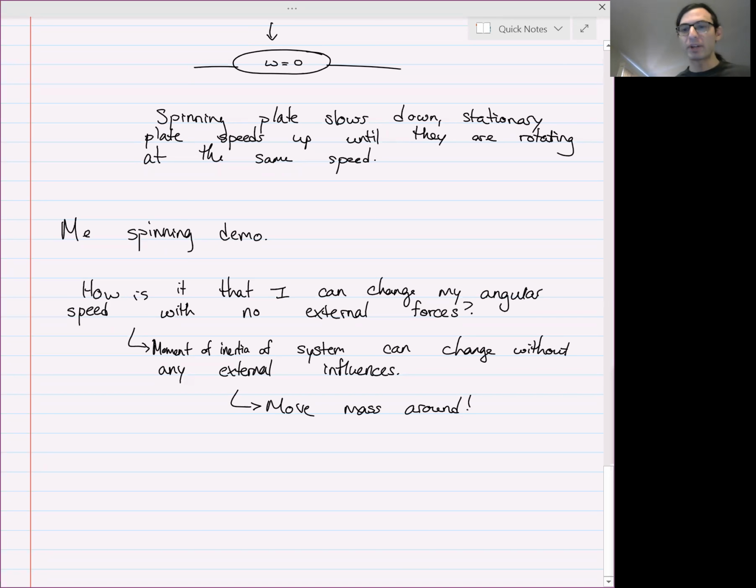So I'm going to step away from that particular example. We'll talk about some more general things to try to understand what's happening.